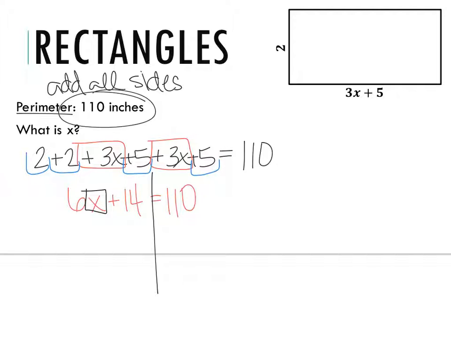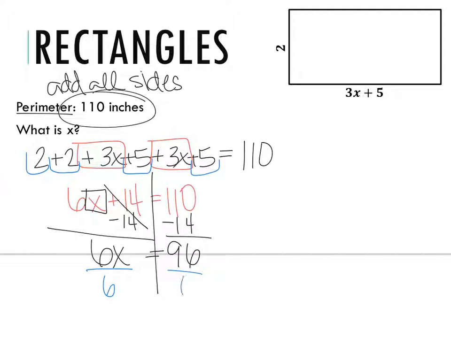I need to get x by itself. So subtract 14 from either side to get 6x equals 96. When you divide both sides by 6, you're left with x equals 16.